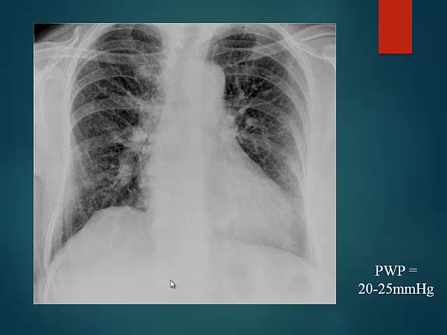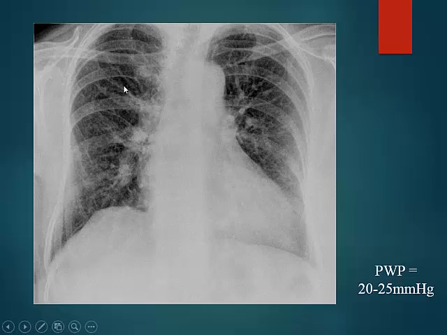Pruning means there is absence of vascularity in the peripheral third of the lung parenchyma. Here you can see the vessels going all the way peripherally. If you observe carefully the pulmonary vessels here, their margins are irregular.